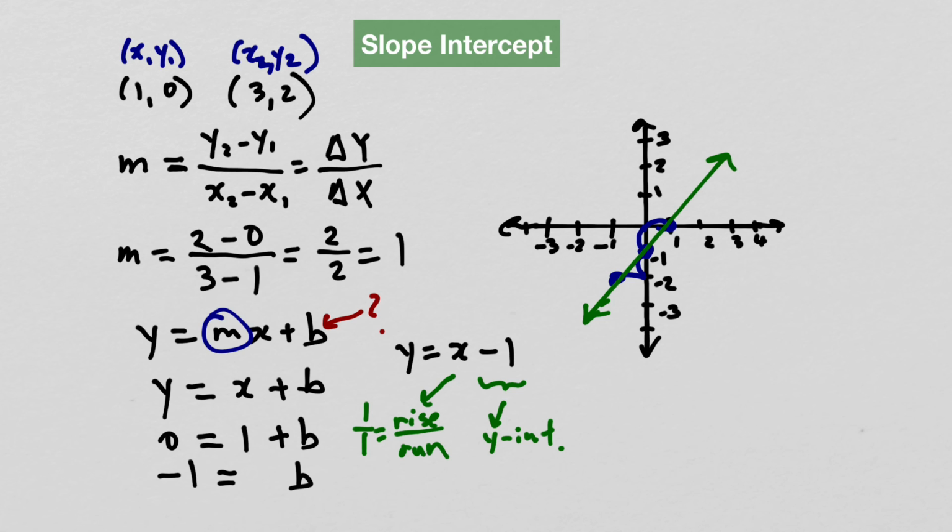So now, to summarize this lesson, you've learned the equation of a line in slope-intercept form. You know how to graph the line with a positive slope and a negative slope. You also learned the equation of a line in standard form.